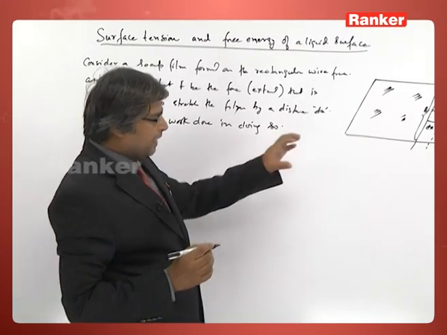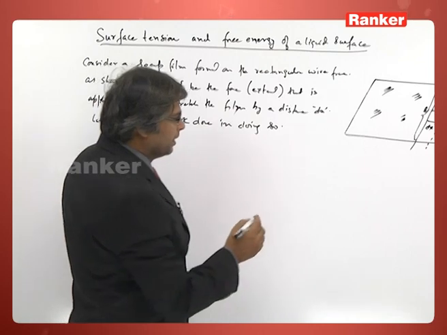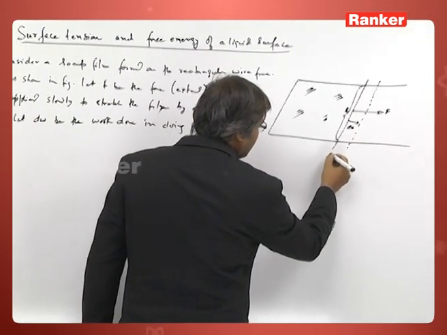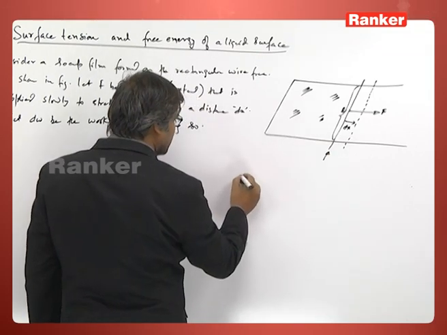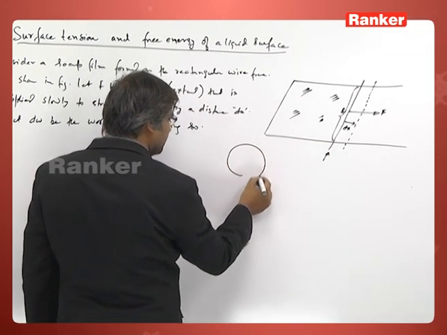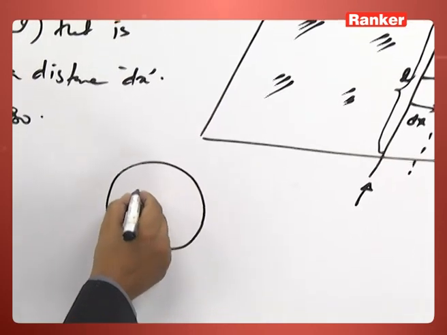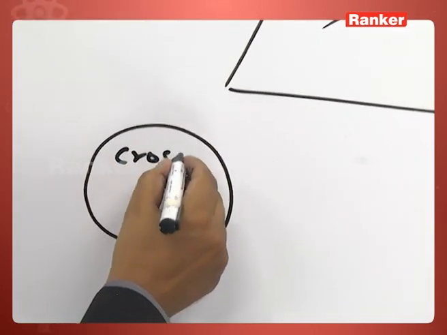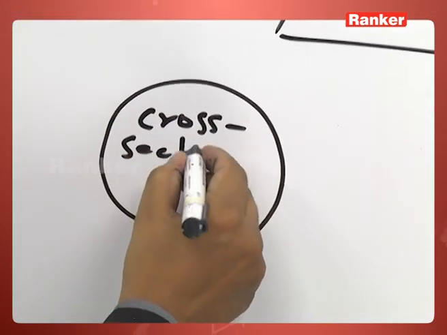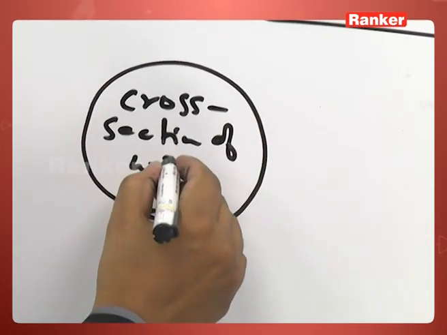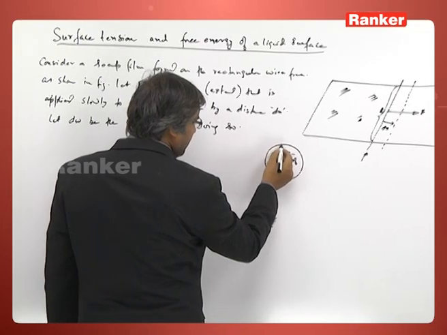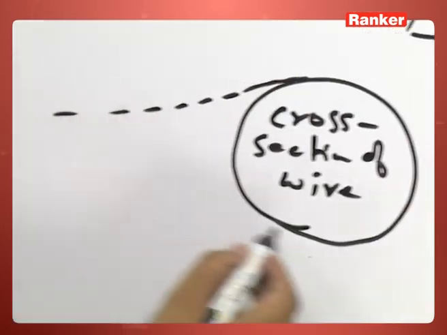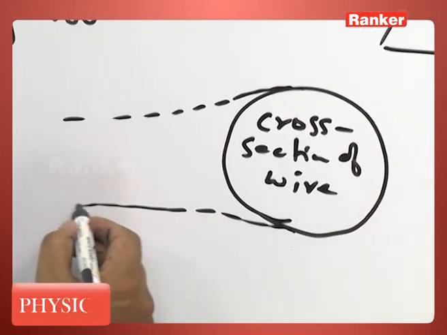So, now let us see the cross section. You see the circular cross section of the wire I am showing. This is the cross section of the wire. Now, what happens? The liquid film is like this.